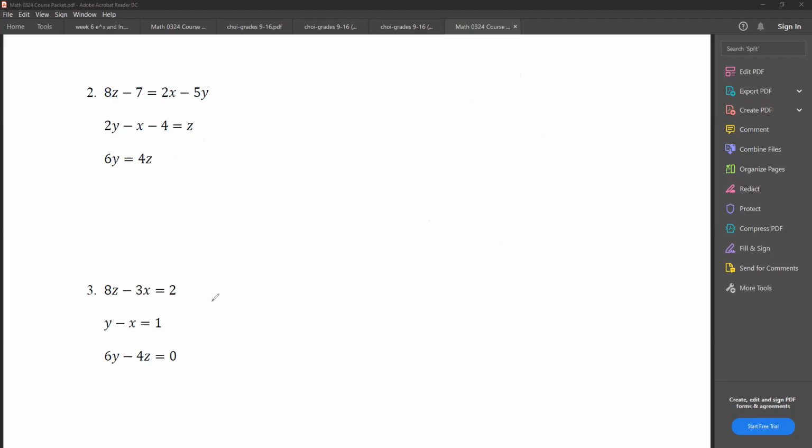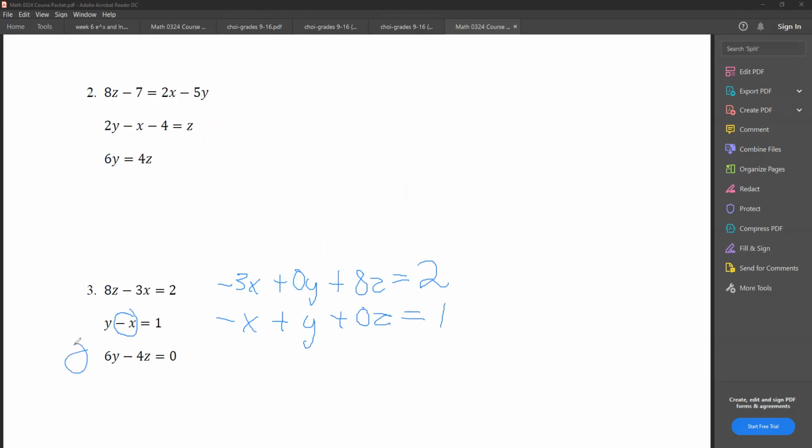All right, so this next one looks like we got x, y, and z. Okay, so the first equation, I have a -3x. I don't have any y's, so I'm going to put 0y plus 8z equals 2. Let's see, I have the second one, I have a -x, so it's -x plus 1y plus 0z, no z's on the second equation, equals 1.